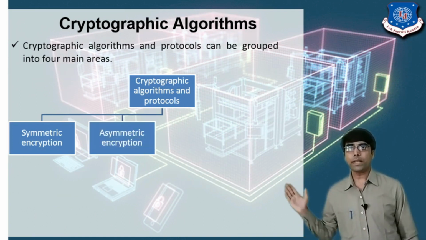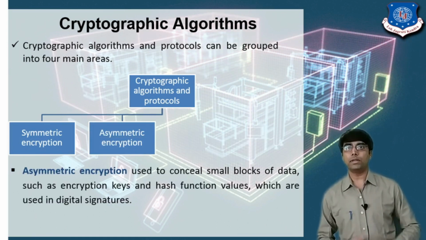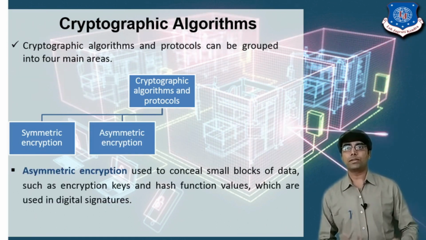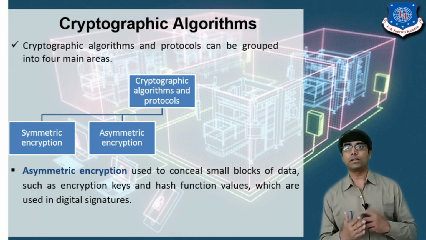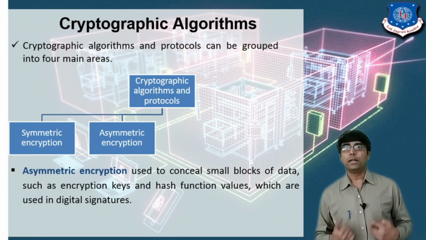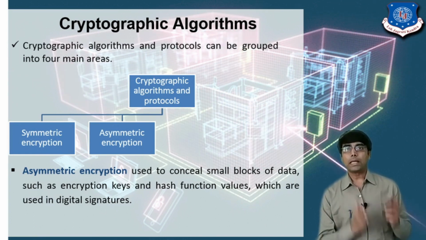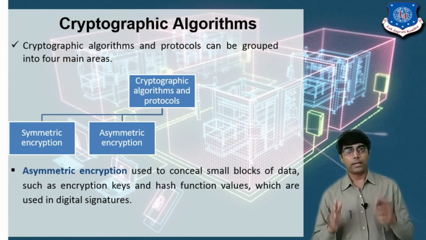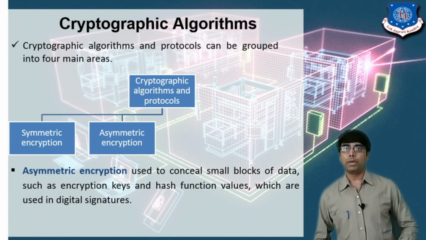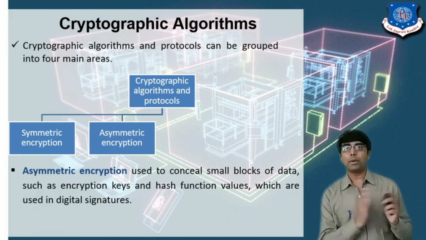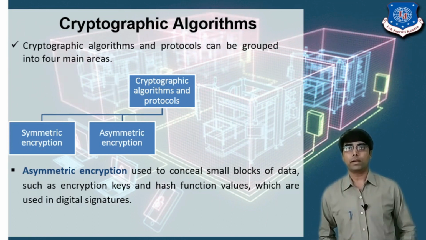Now, second is asymmetric encryption. In asymmetric encryption, small blocks of data such as encryption keys and hash function values, which are used in digital signatures, are protected. It means that in asymmetric encryption, we use 2 keys for encryption and decryption: one is a private key and the second is a public key. The public key will be shared with all the users in the network.